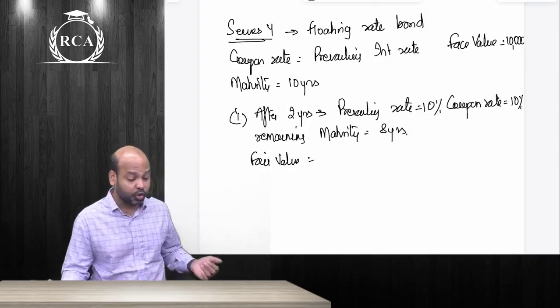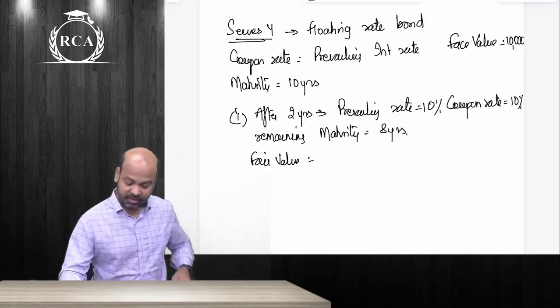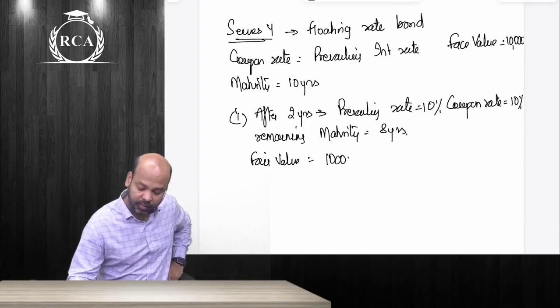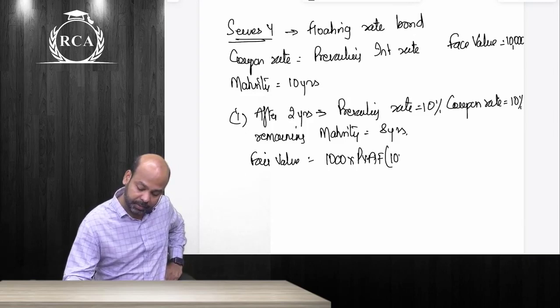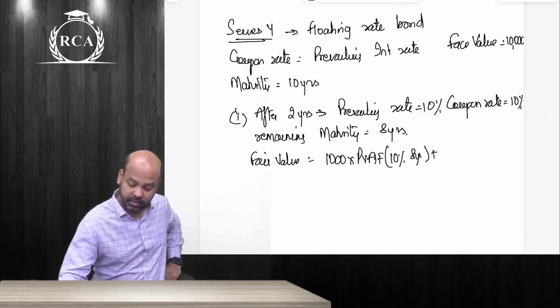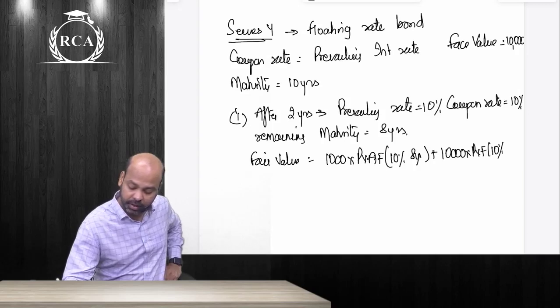Not write the conclusion first. Fair value will be equal to 1,000 rupees multiplied by PVAF at 10% for 8 years plus 10,000 into present value factor at 10% for the 8th year.